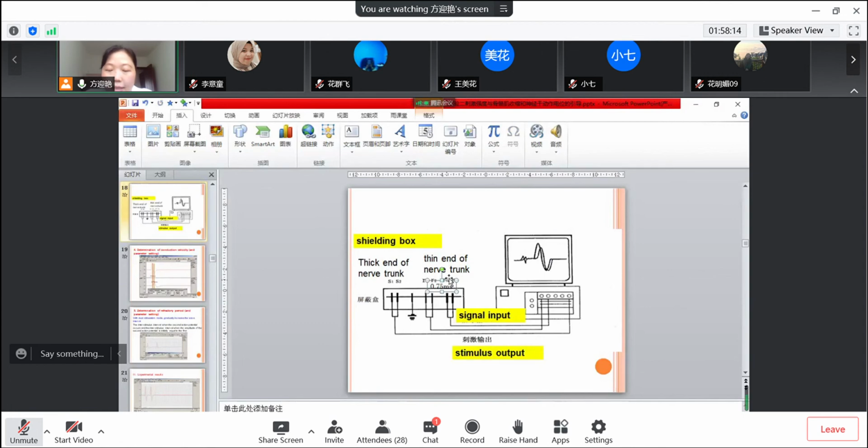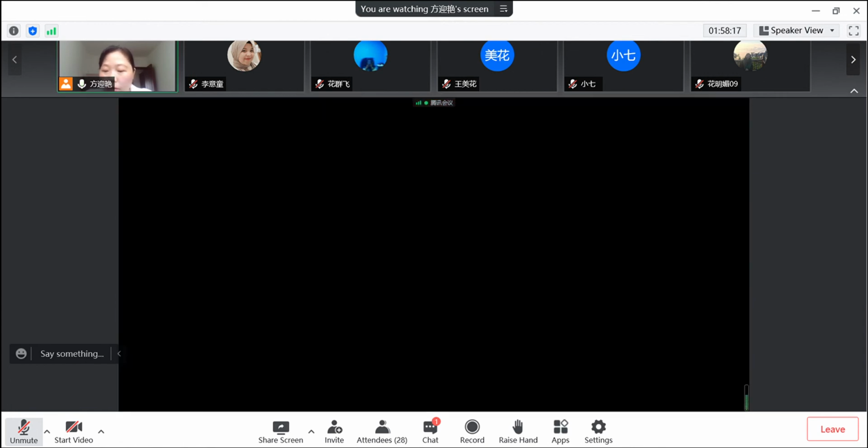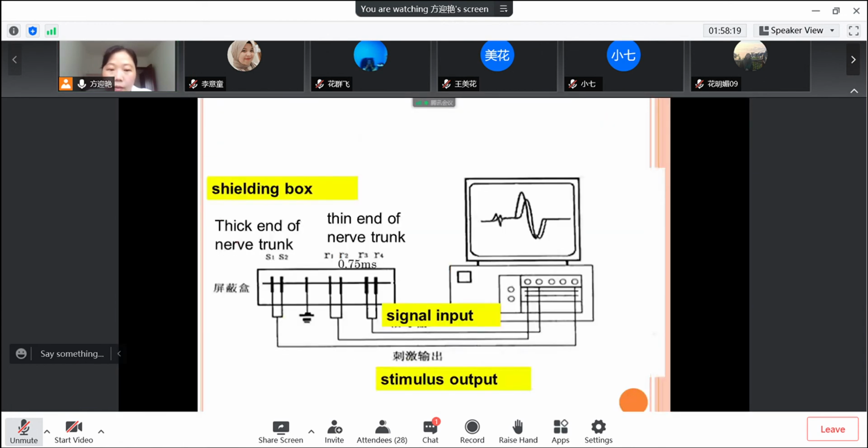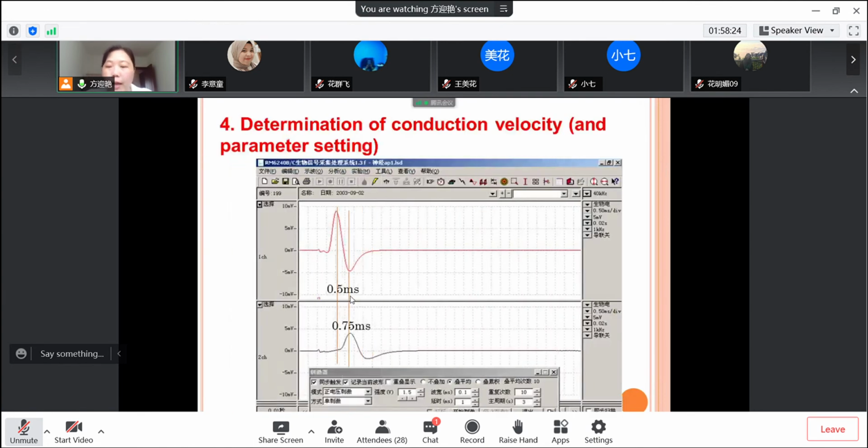Do you understand here? It means that according to the VooV, we can calculate that one case and half a case, where half a case is 0.25 microsecond, plus 0.5 microsecond, equals 0.75 microsecond.